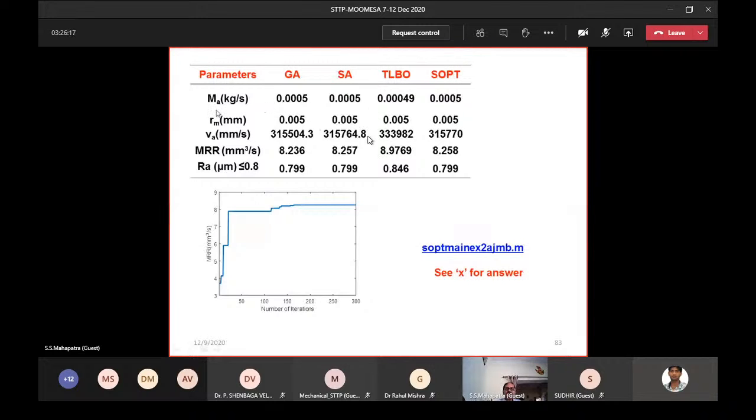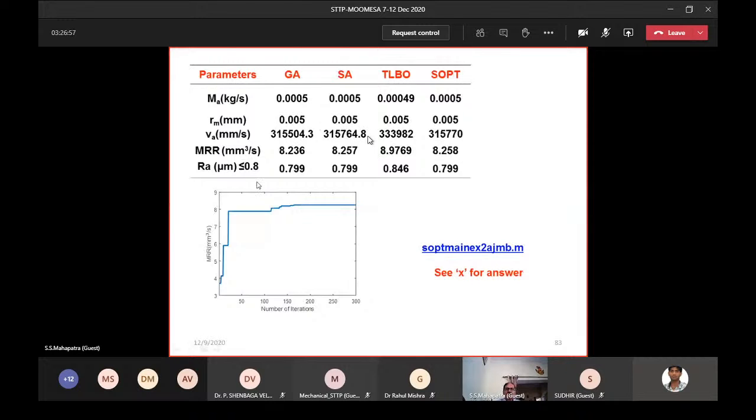For mass flow rate, all the algorithms gave almost the same. For RM also all the algorithms give the same, and the velocity of the average particles is different by algorithm. You should look at the material removal rate. GA gives 8.236, SA gives 8.257, TLBO gives 8.9769 and SOPT gives 8.258.